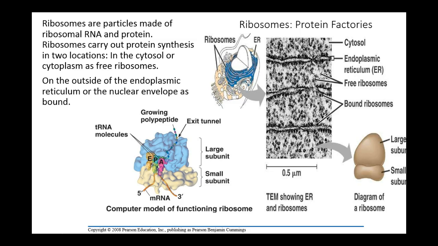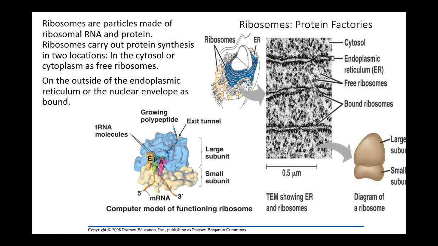And so with regard to ribosomes, generally free ribosomes make proteins that are used within the cell. So proteins and enzymes that are used within the cell. You can think of the cell itself needing an enzyme to break glucose apart to make energy.